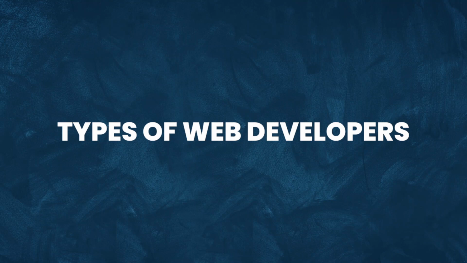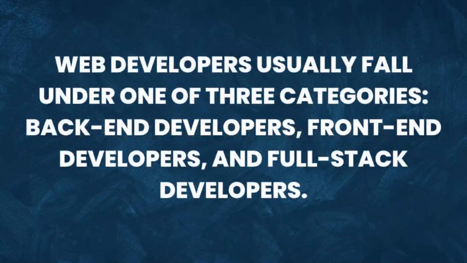Now, there are types of web developers. In every skill set you try to take, there are several aspects you can choose or decide to specialize in. Briefly, there are three major categories of web developers.